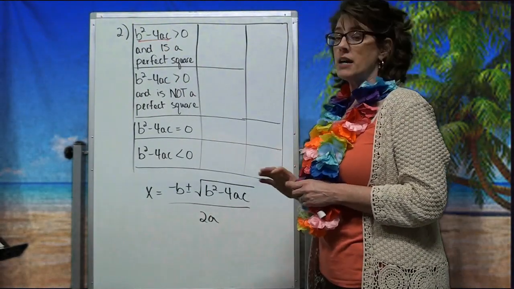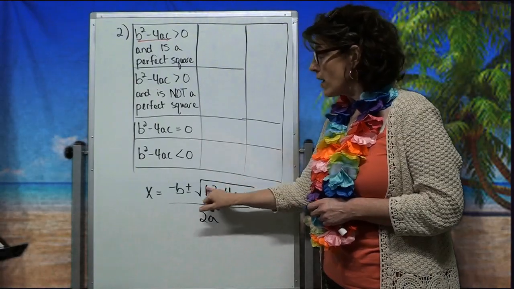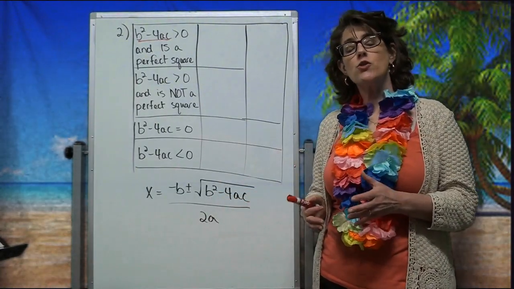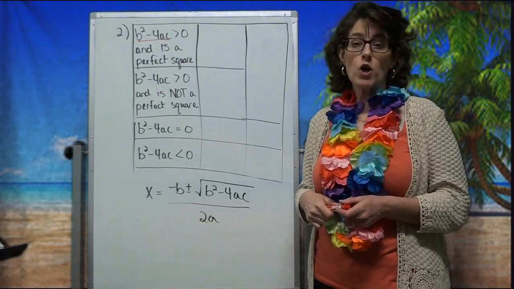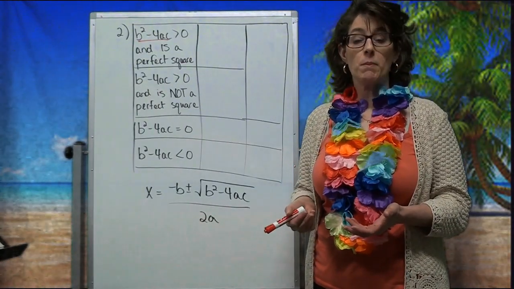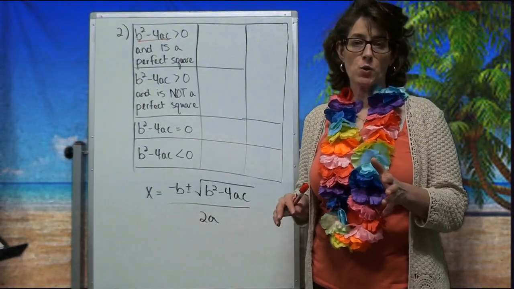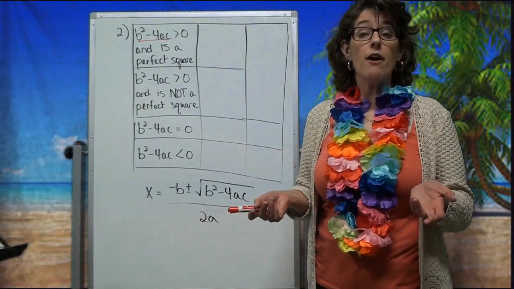So the number that goes underneath this radical is positive, and it's a perfect square. Now, perfect squares are numbers that you can find the square root of. So for instance, 9 is a perfect square, because what's the square root of 9? Yeah, 3. 25 is a perfect square, because what's the square root of 25? Yeah, 5.